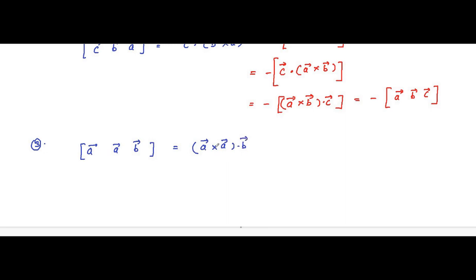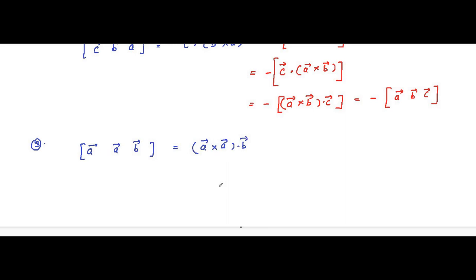Now we know that when two vectors are parallel or equal, the angle between them is 0, and the cross product involves the sine of the angle between them.